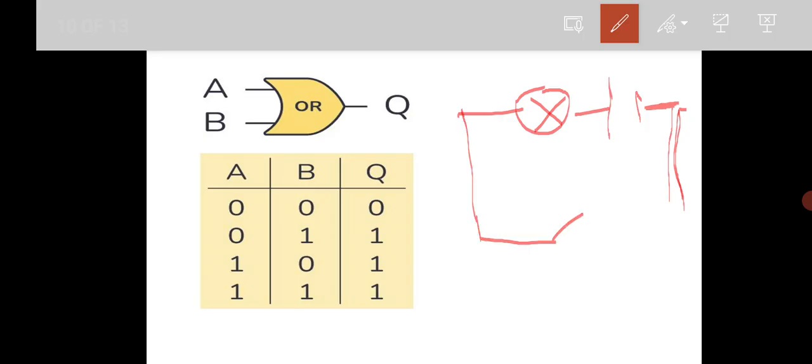We have switch A, and another switch which is connected in parallel to A. Call this switch B.